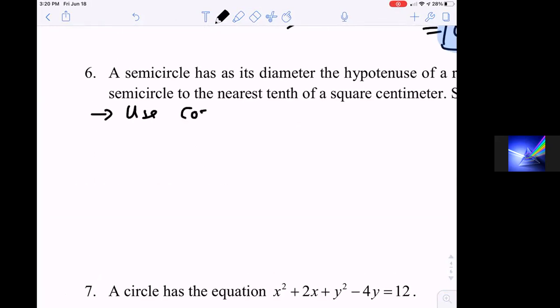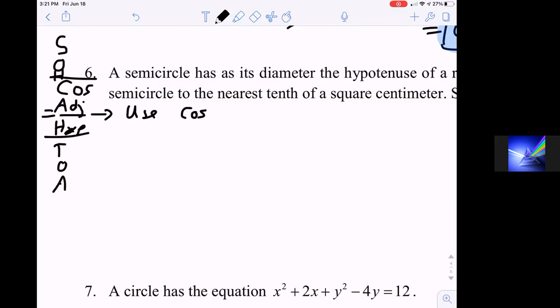Now, cosine, if you remember the SOHCAHTOA, the cosine ratio is equal to adjacent divided by hypotenuse.